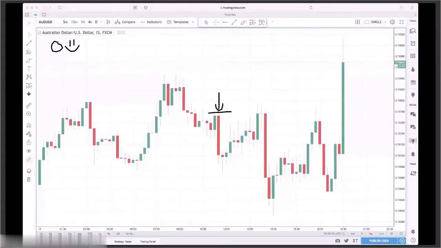This level that moved down, was he able to make new lows? If yes, that level is now important to us. He hit that level the second time. Was he able to make new lows?